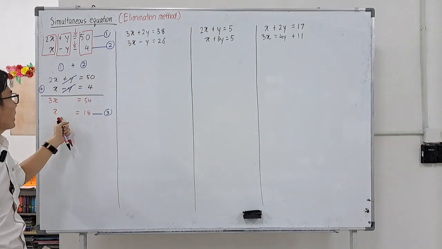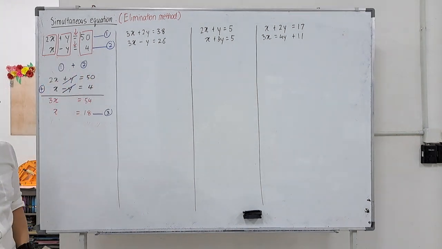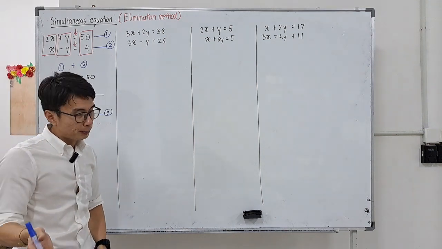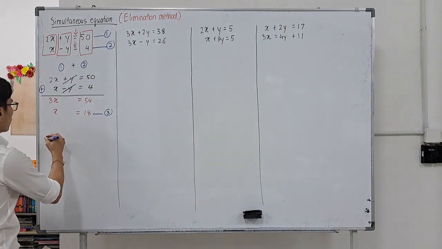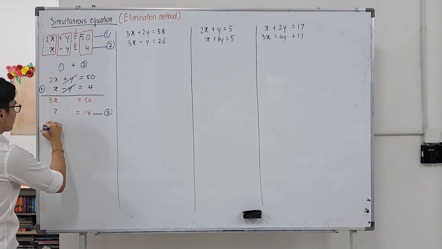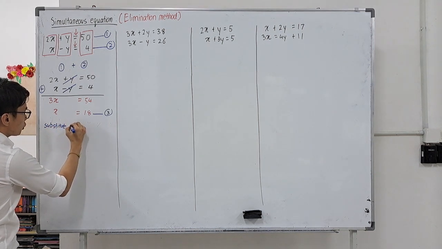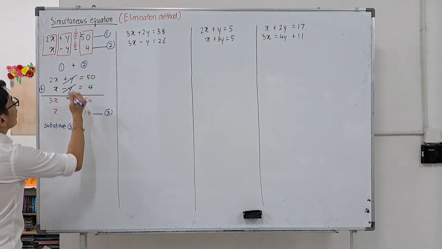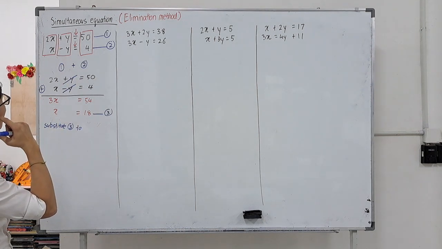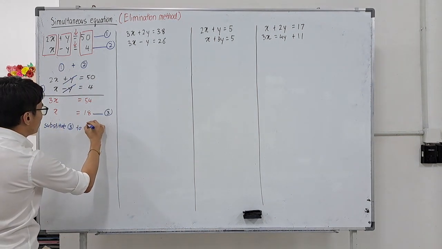Since we know what x is, when we want to find y, it's going to be the substitution method again. We will now substitute equation 3 into, this time you choose, so I think I will put it into equation 1.